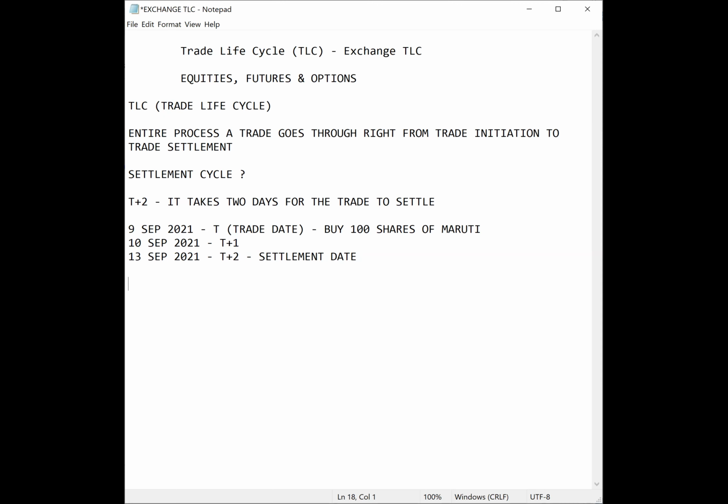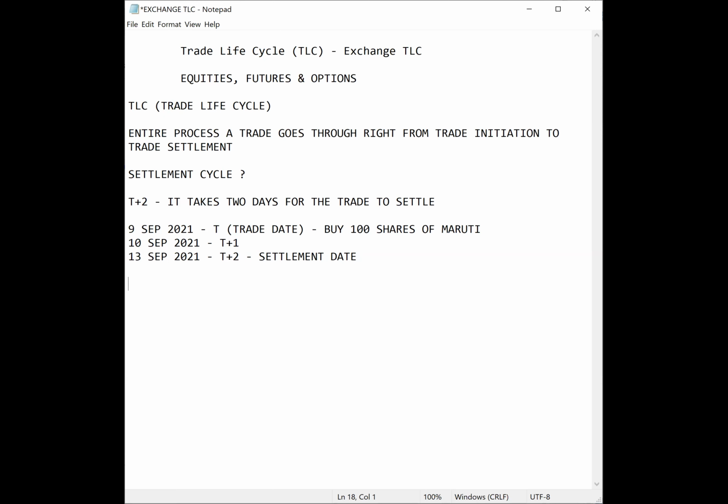See guys, whenever any trade happens, there will be various financial intermediaries involved, and there needs to be a flow of information from one party to the other. So this entire process takes time. That's why it takes 2 days to settle, just to make sure everything is correct. For us it is a simple buying of 100 shares of Maruti, but somebody needs to check.